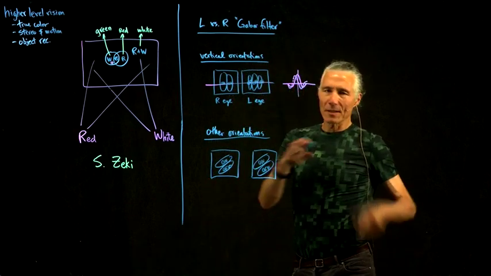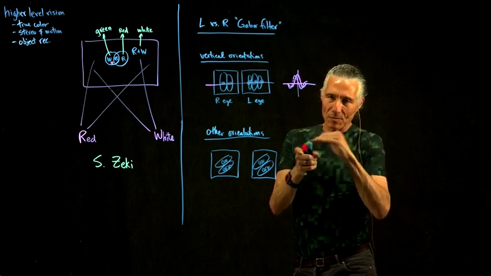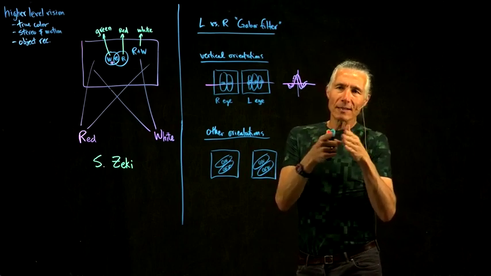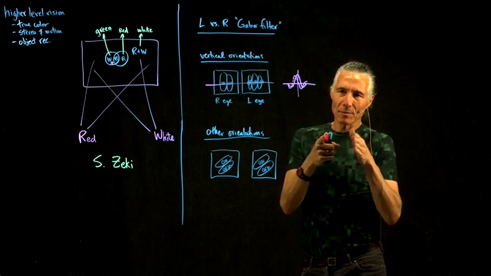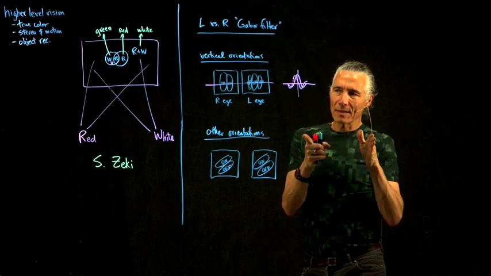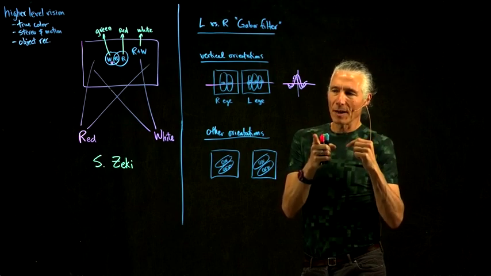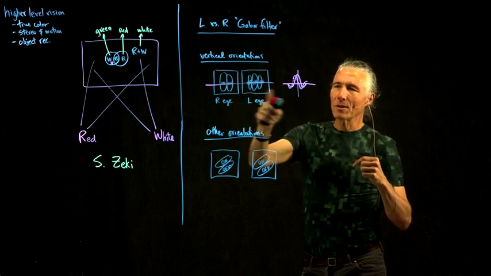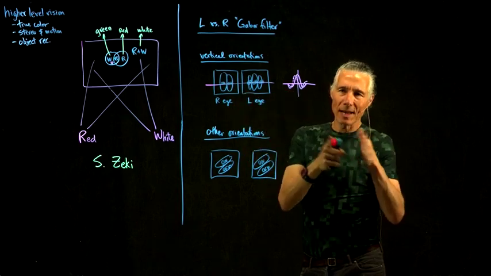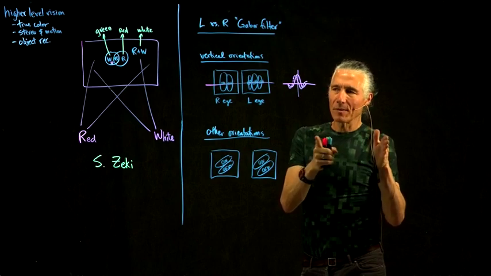Because the main reason for this, like I opened with, is that we're interested in these disparities in the horizontal position between the two eyes. So if you have filters like this, then you'll have a whole range of estimates of that small disparity between the left and the right eyes.